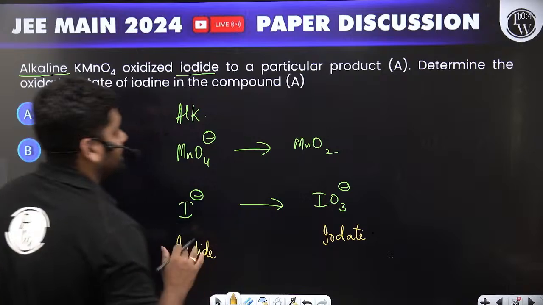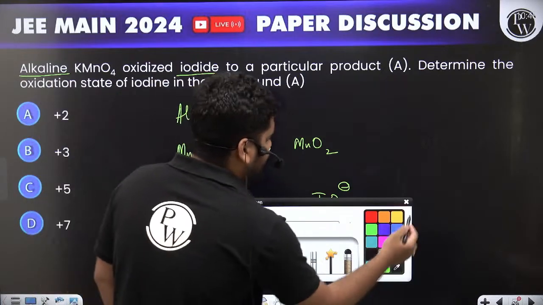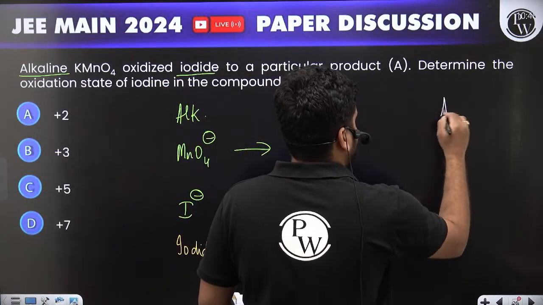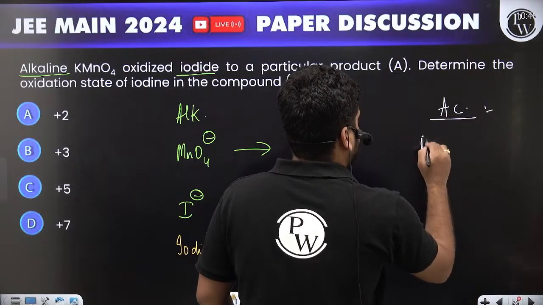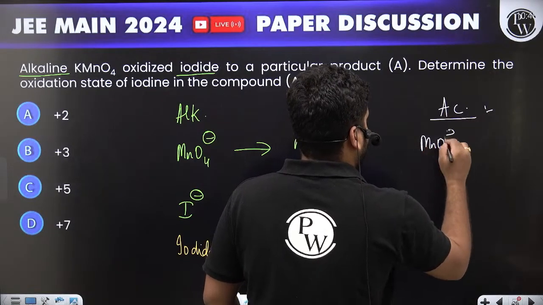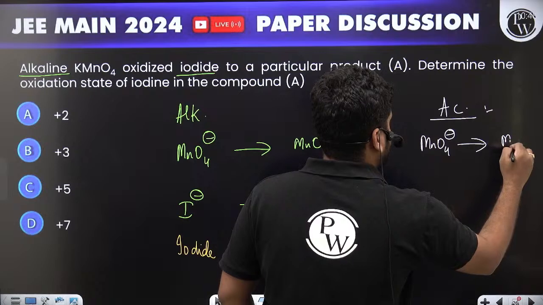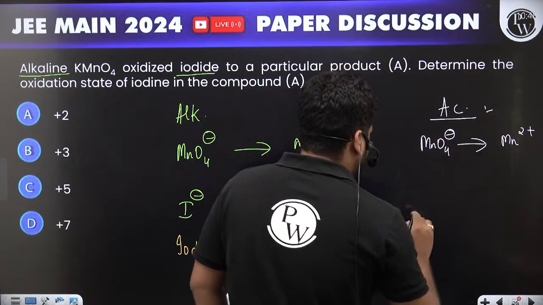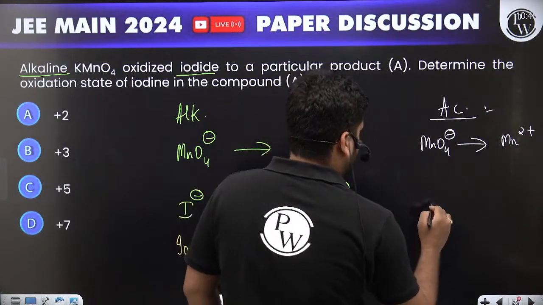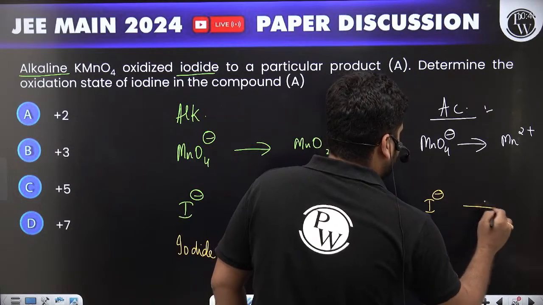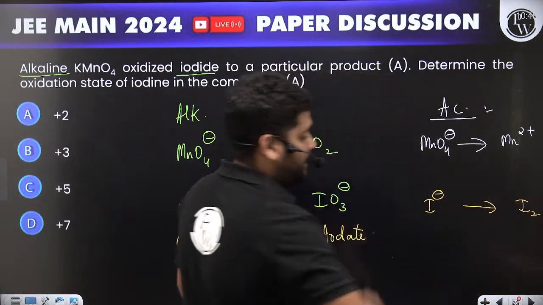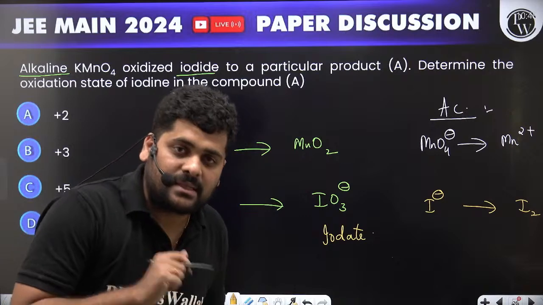This happens in alkaline medium. Whereas in acidic medium, the permanganate ion, MnO4 minus, gets converted into Mn2+, and iodide ion, that is I minus, gets converted into iodine. Okay, right? Please keep this in your mind.